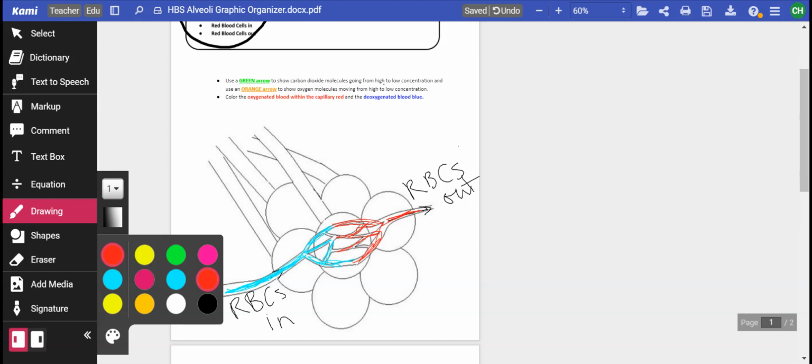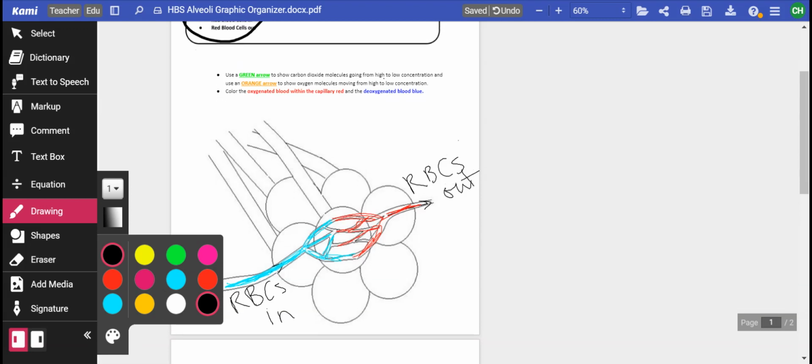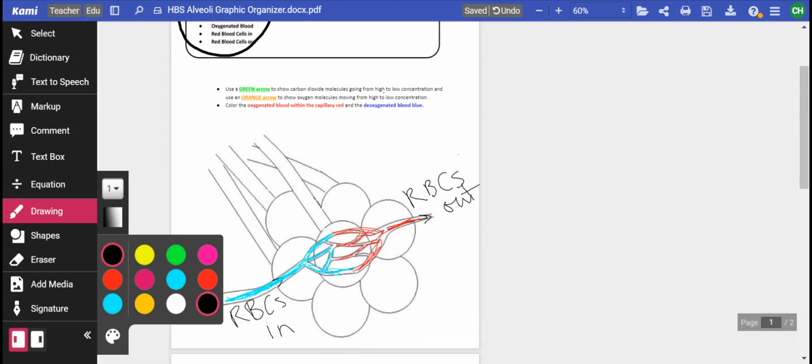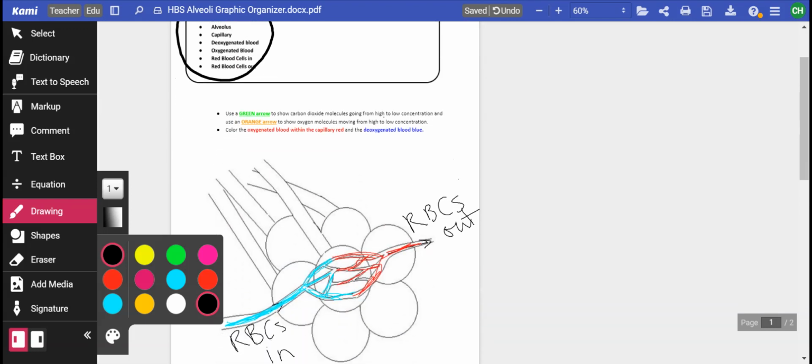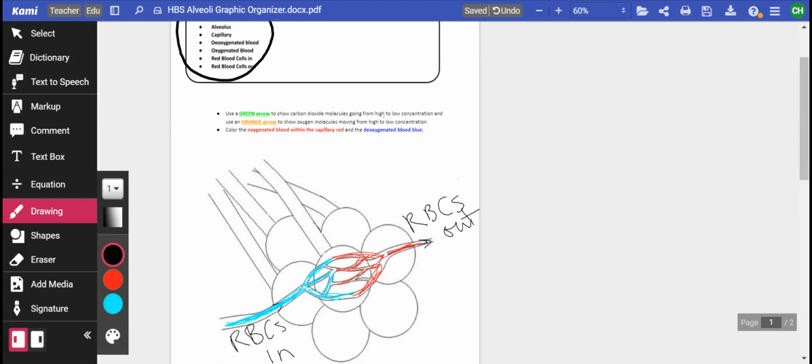Okay, so keeping that in mind, we have to track how each different gas is flowing through this structure. Deoxygenated blood will arrive at the lungs first, and then it gets oxygenated by the gas exchange in the alveolus.